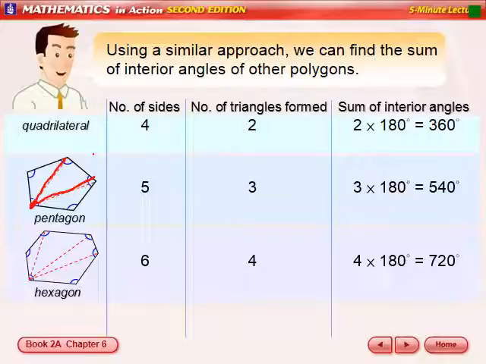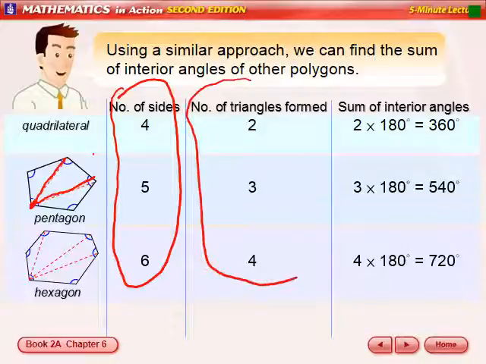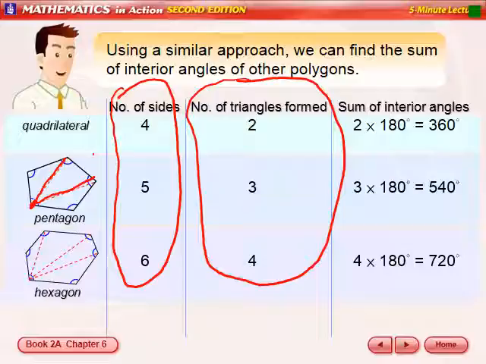Right now, do you see the relationship between the number of sides and the number of triangles formed? What is the relationship between these two? Yes, you see that if we just subtract 2, 4 minus 2 is 2, 5 minus 2 is 3, and 6 minus 2 is equal to 4.